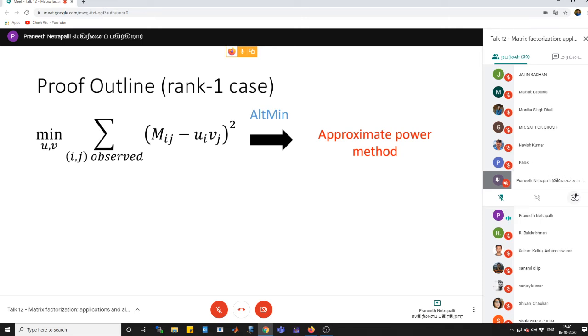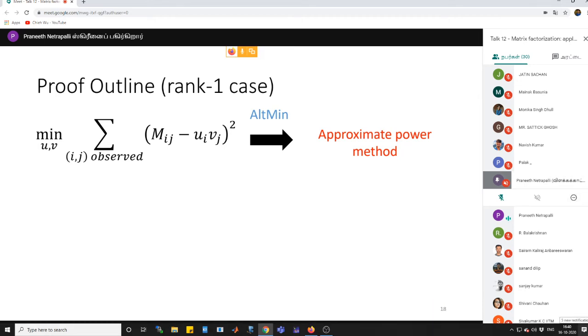But if I give you a symmetric matrix, power method is an algorithm which can give you the top eigenvector of the matrix. And if the underlying matrix is rank 1, it will give you exactly the top eigenvector of that matrix, and from that you can indeed recover the matrix because the matrix was rank 1, right?